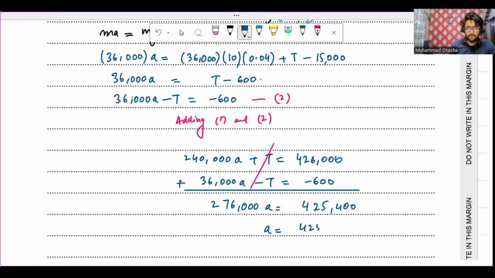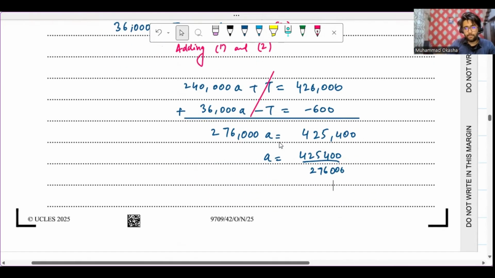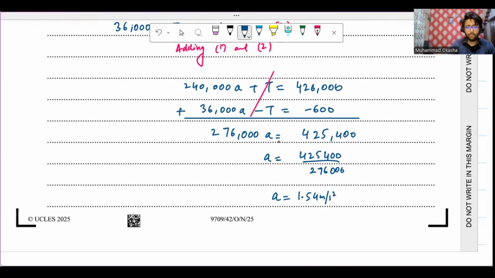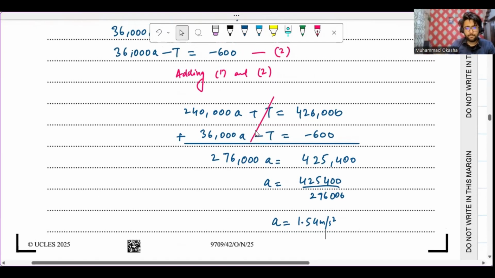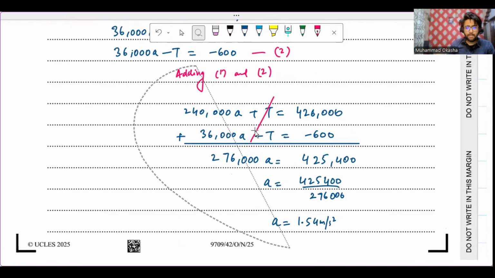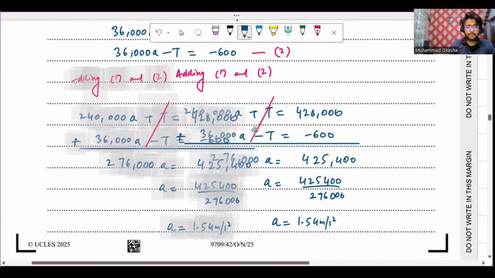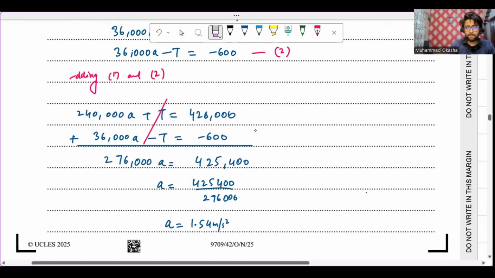And if I divide by 276,000, I'm going to get 1.54 meters per second squared. I know the numbers are really big, which means you have to be extra careful while dealing with them. If you miss out on a zero, you're not going to get the right answer.